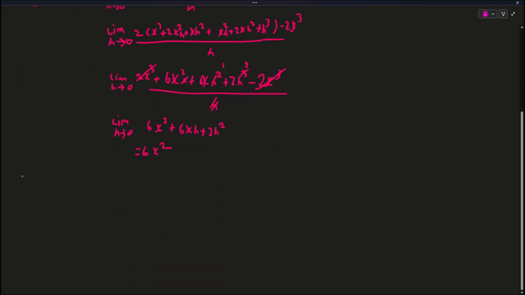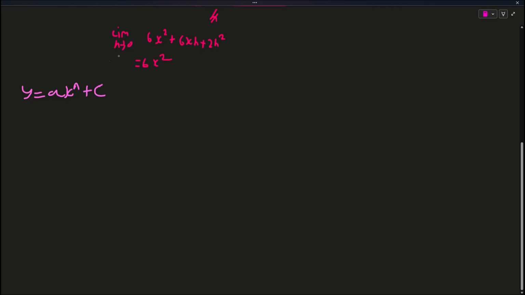Now, you need to also be aware that whenever, let's say we had an equation, let's give a general one, ax to the n again, but let's say it's plus c, where c is a constant. It's just a number. What do you think the dy/dx would be in this case? Well, it would in fact be a times n times x to the n minus 1.